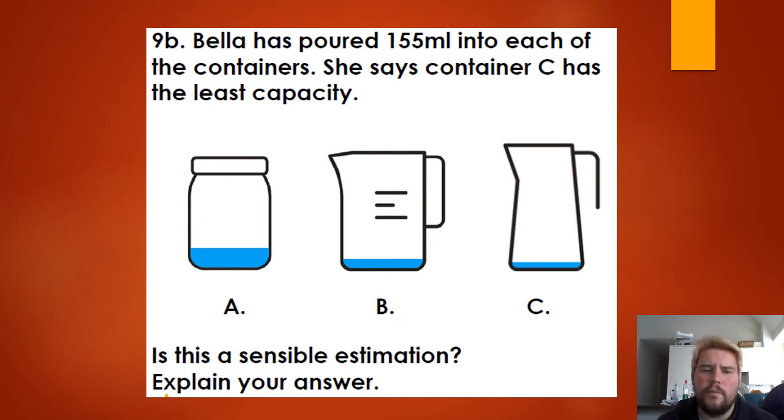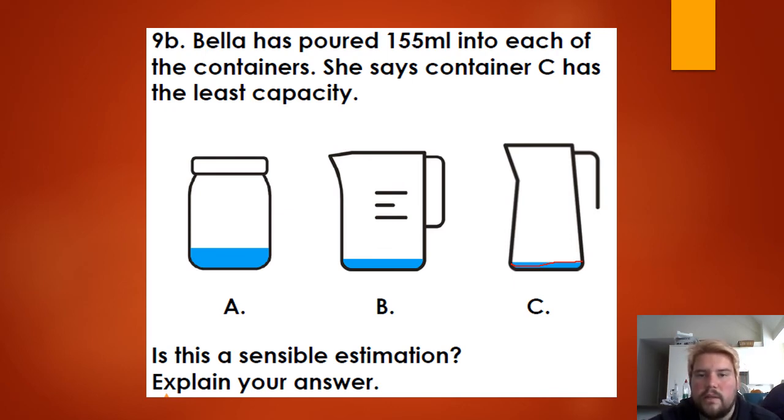And then the final one we're going to look at is Bella has poured 155 milliliters into each of these containers. She says that container C has the least capacity. Is this a sensible estimation? Explain your answer. C has got the smallest amount of liquid in the container.